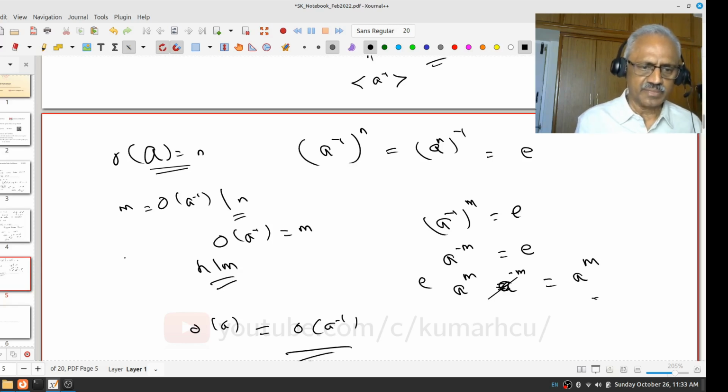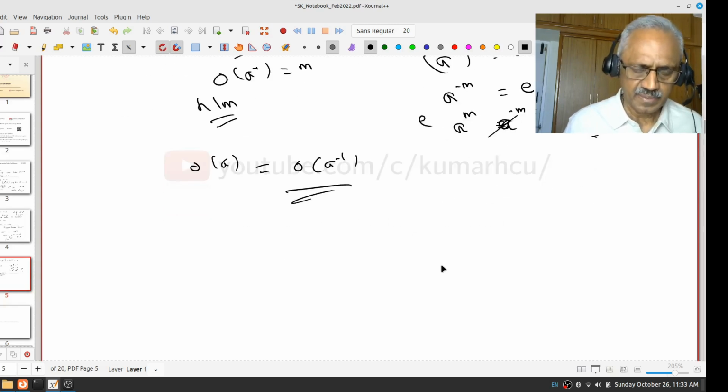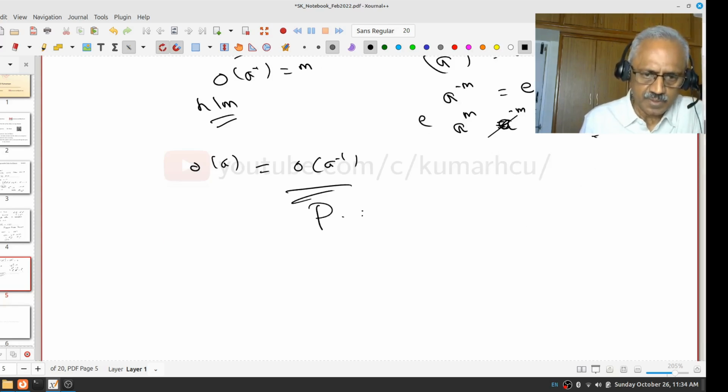Now I will show n divides m. Suppose a inverse to the power m is identity, that means a to the power minus m is identity. Multiplying both sides by a to the power m, I say a to the power m is identity. Therefore, n divides m. So earlier m divides n, and here n divides m, therefore m equals n. Okay, good. So pause, review, proceed.